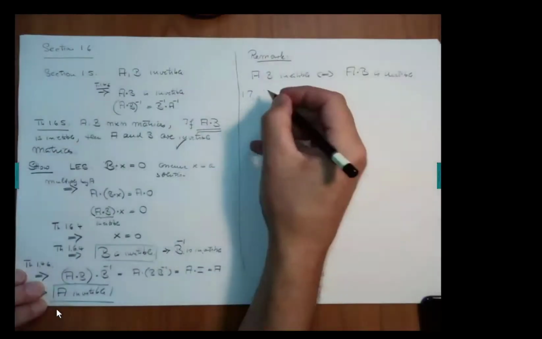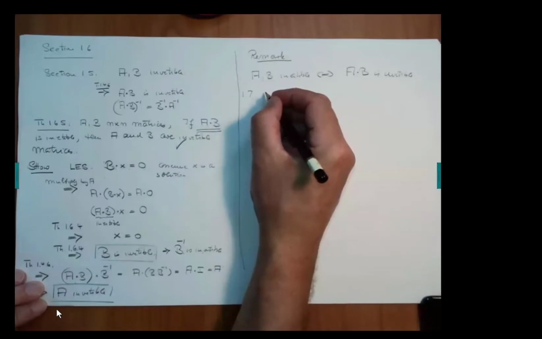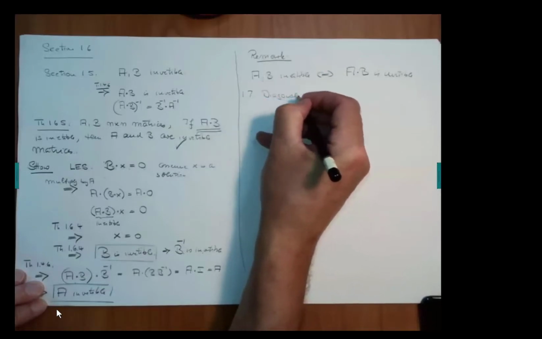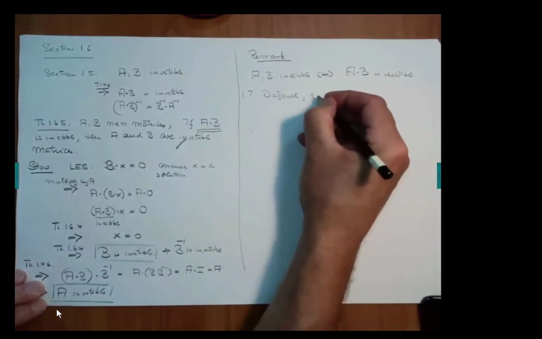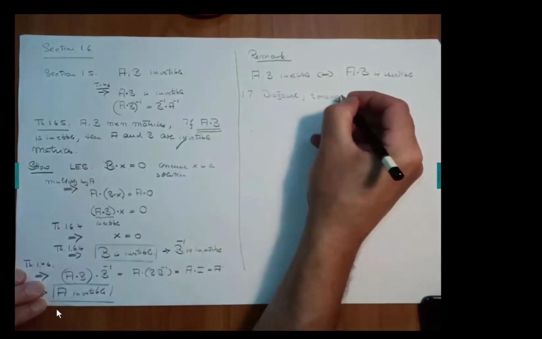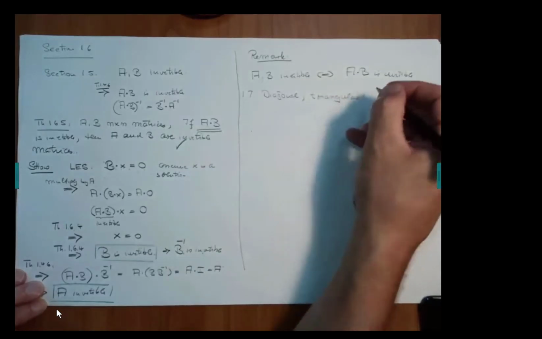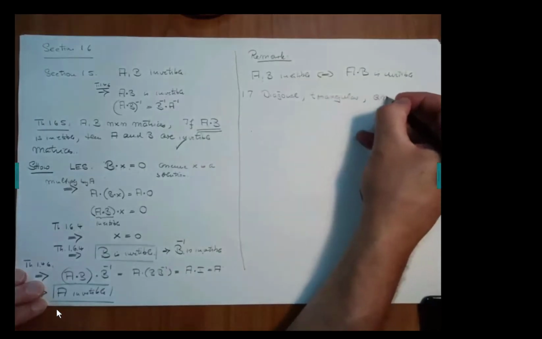So again, like I said, these are just names for different types of matrices. Here we talk about diagonal matrices, triangular matrices, and symmetric matrices.